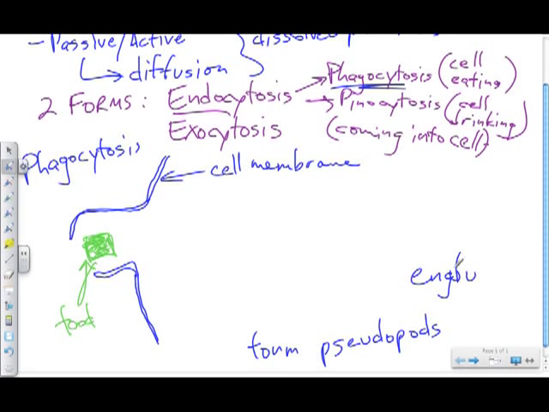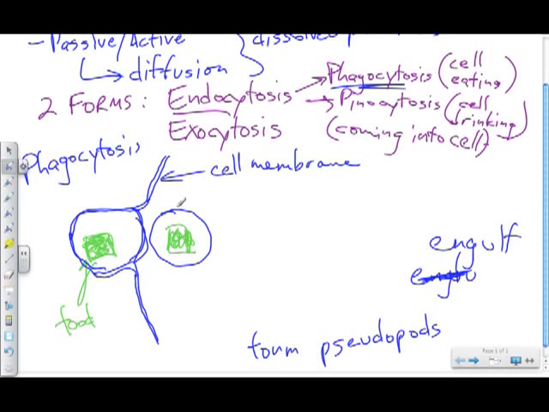They engulf this food particle and eventually bring it inside the cell. So the pseudopods close up and form a vesicle.